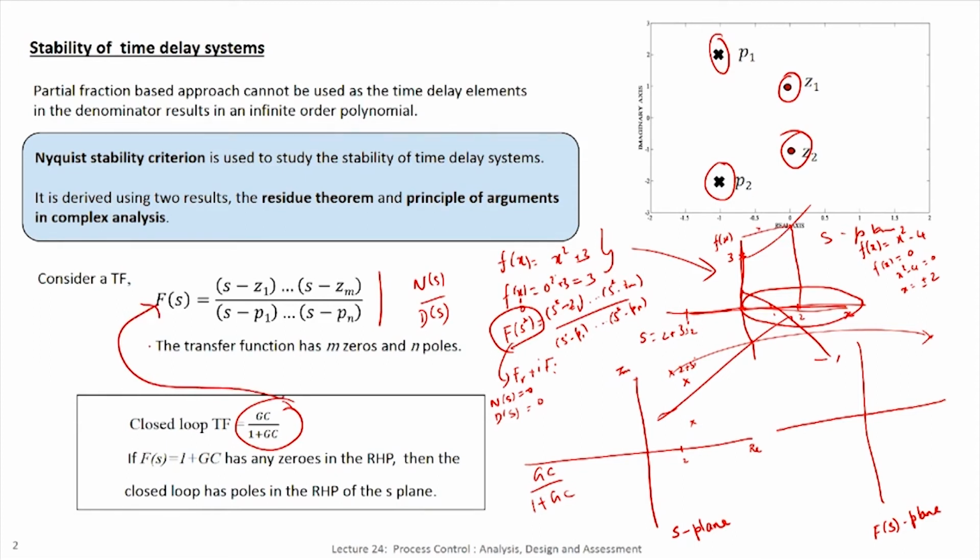So, ultimately once I teach in the polynomial form, I am going to say the same results hold even if you have time delay elements in your transfer function, and we will replace this f of s by G C by 1 plus G C, and then we will be able to study the stability of time delay systems. That is the thing that we are going to look at.